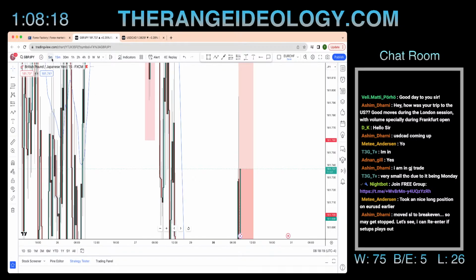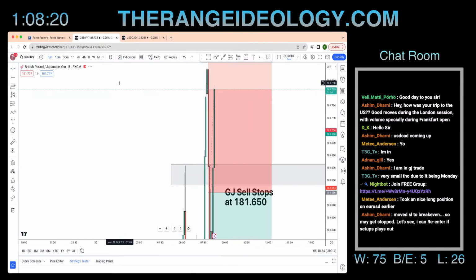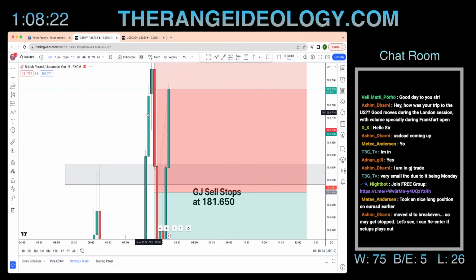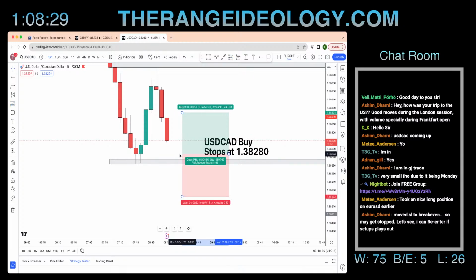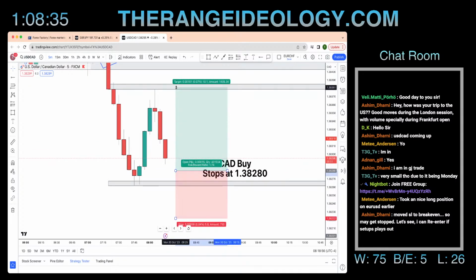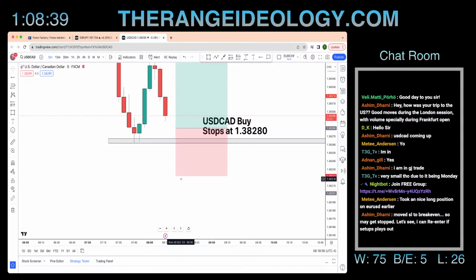Look at GJ. Wow, look at that drag. No bottom wick. I'll get 280 would be right here. That'd be what, 10 pips. Yeah, that's perfect. So 10 for 10.